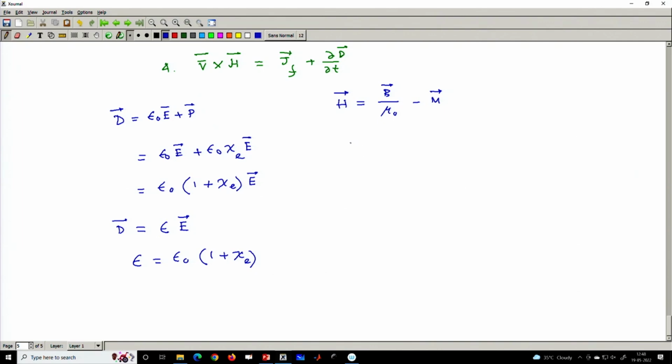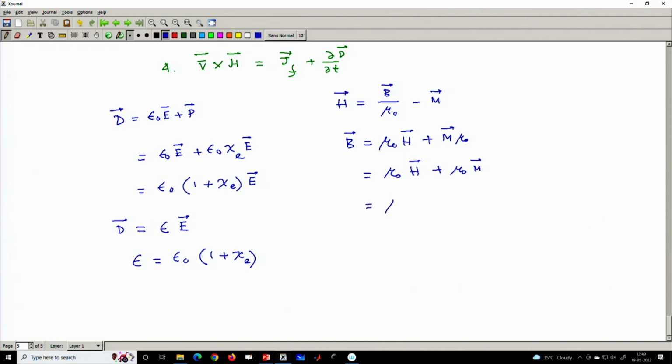In a similar way I can have my B here. So B is simply mu 0 (H plus M). There is a relationship between M and H, and I have mu 0 multiplied here, so it should be mu 0 M here.